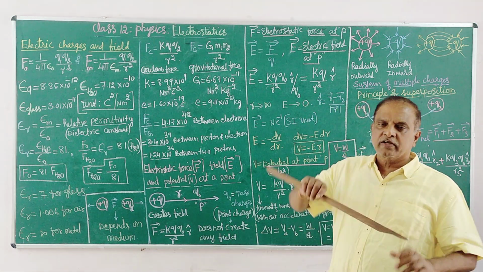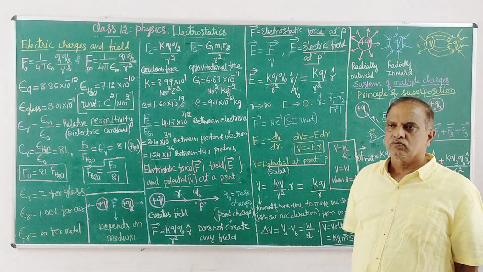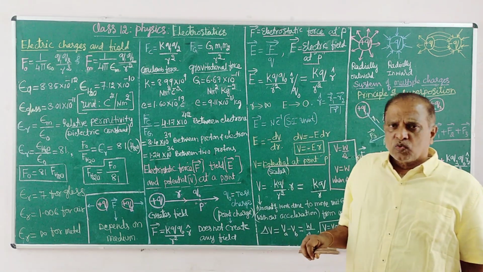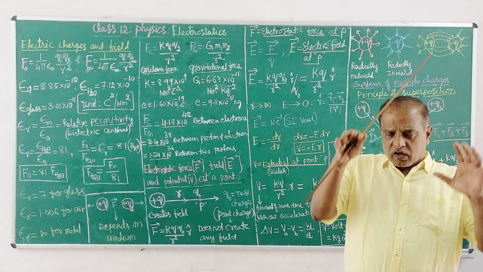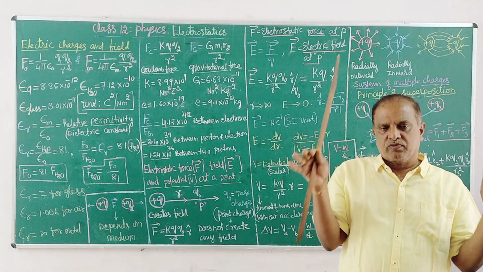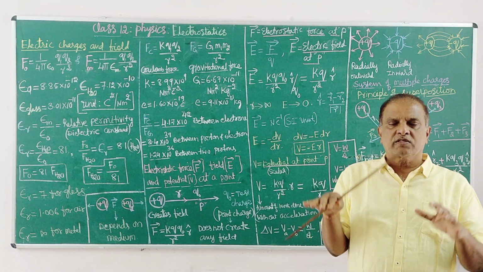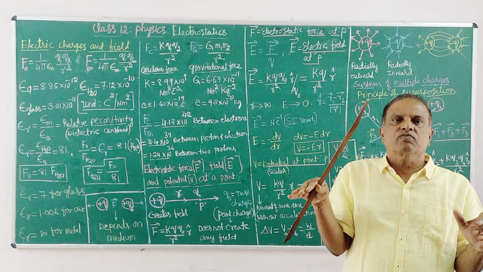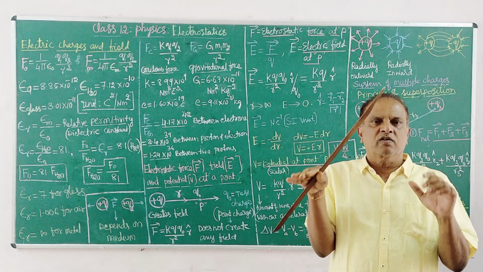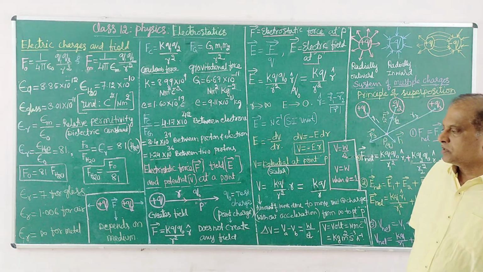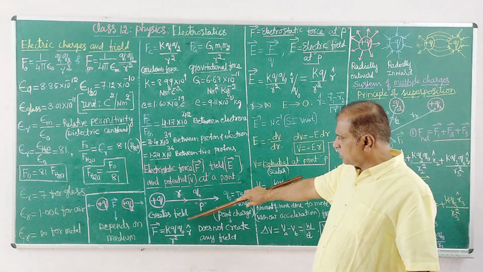That is in the form of electric lines of force. So every charge creates its own electric field around it, symmetric, spherical in shape, in three-dimensional space. That space is filled with electric field, and that is called electric field.